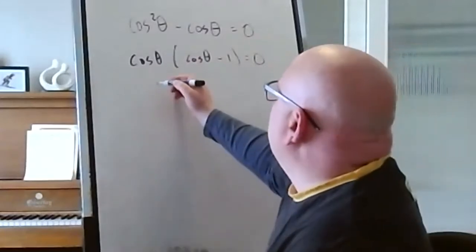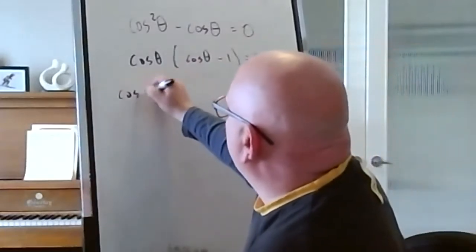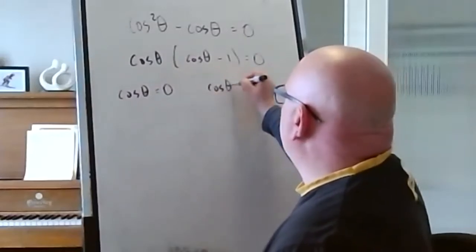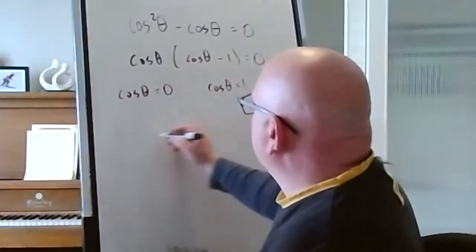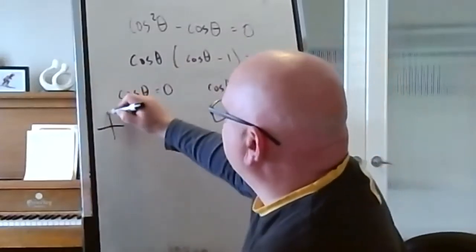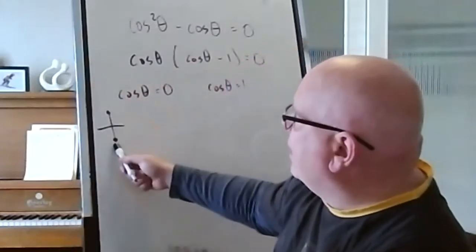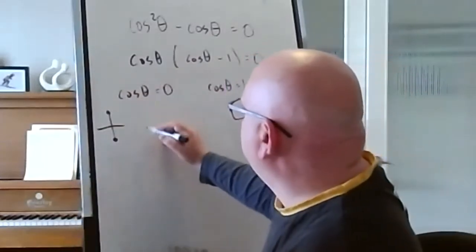We do that. Now we break this apart into cos theta is equal to 0 over here. Over this one, this is going to be cos theta is equal to positive 1. Super simple. Where is cosine 0? Cosine is your left and right, so it's 0 at pi halves and at 3 pi halves.